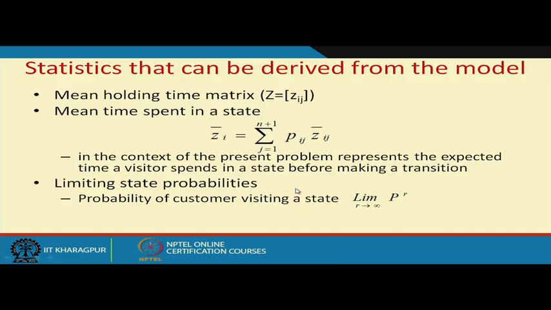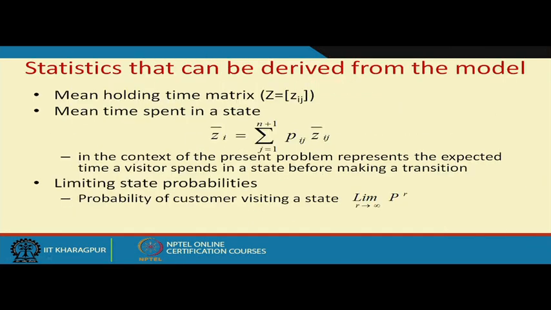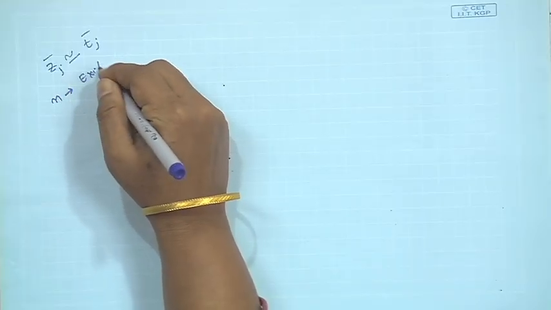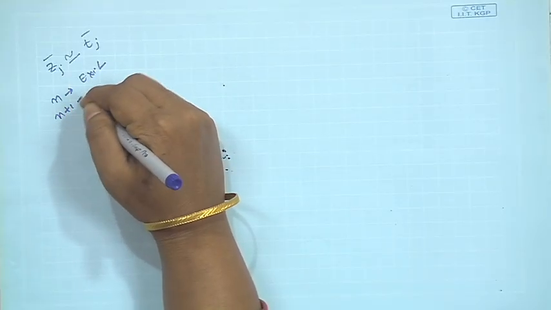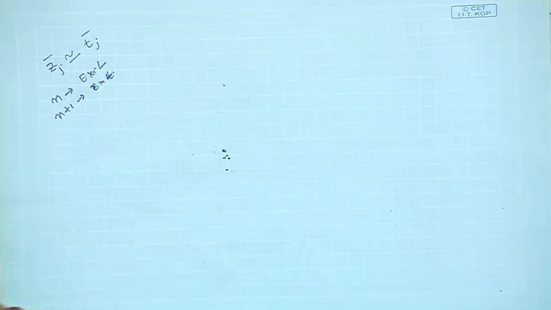And also another thing: the last transition, I called n as the exit state, but in this formula n plus 1 I call as the exit state. Please note these two changes here.